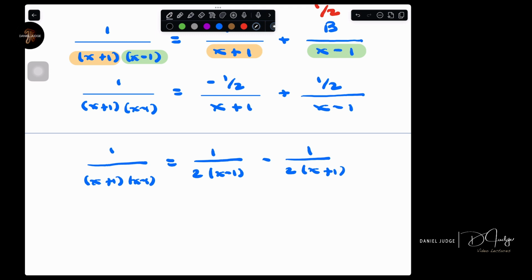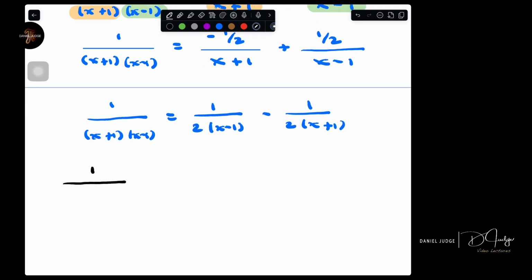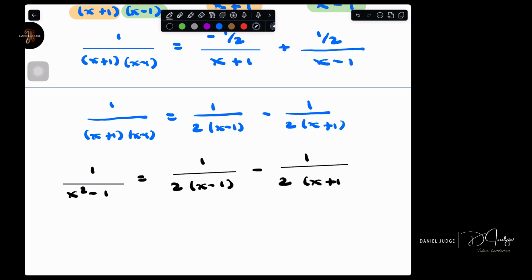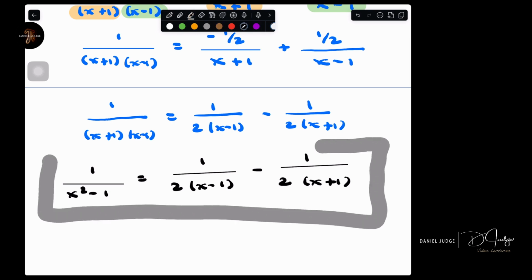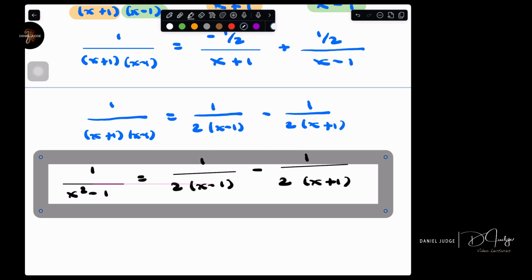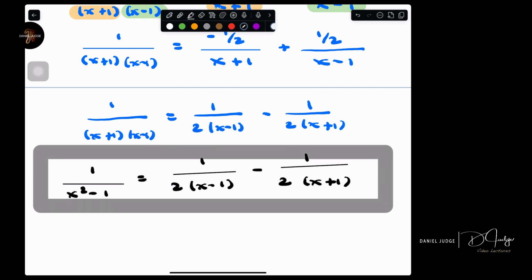We should just write it this way, as 1 over x squared minus 1 becomes 1 over 2 x minus 1 minus 1 over 2 x plus 1. All right. That's what they want us to do here.